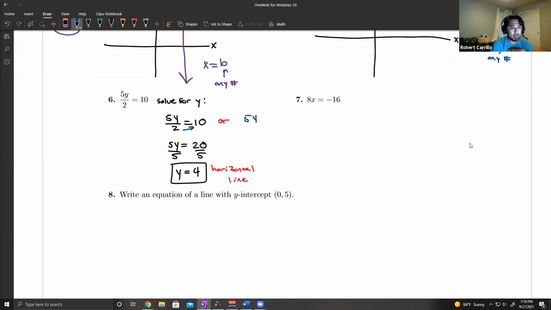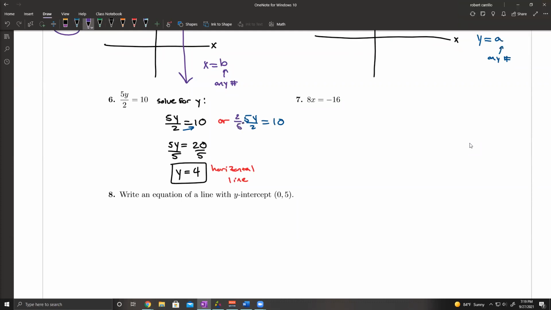My other option was there's always the reciprocal. So you have 5y over 2 equal to 10. Remember, if you don't like fractions, we'll get rid of them. If I have a fraction of 5 halves, if I want to get rid of that, I would multiply both sides by the reciprocal, 2/5. And over here, cancel.